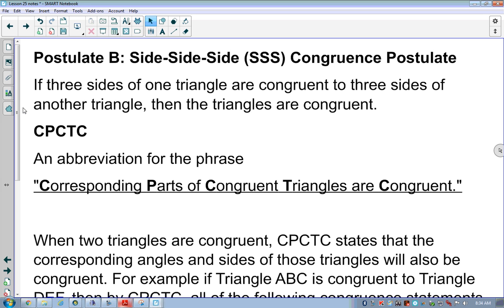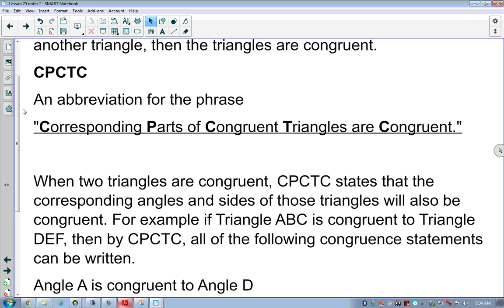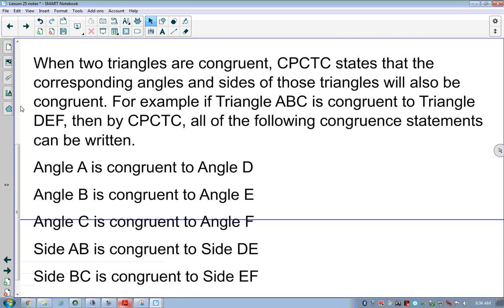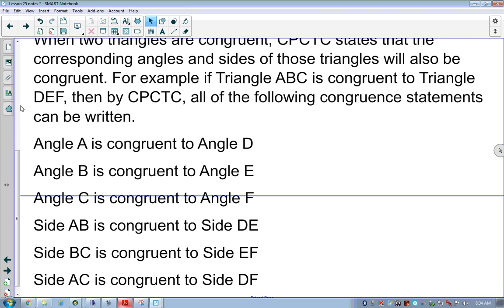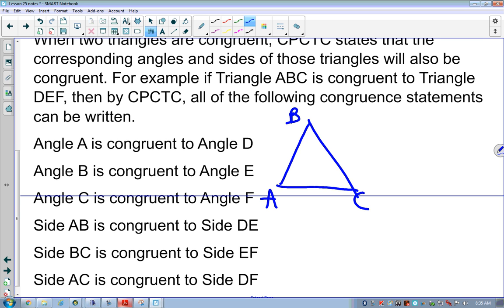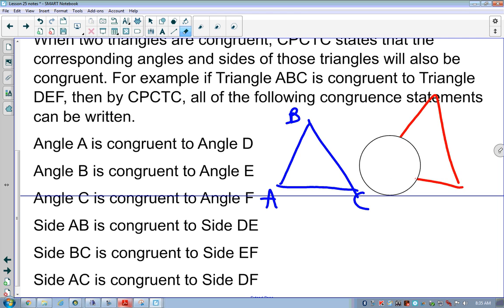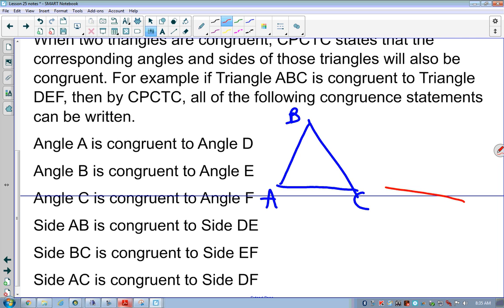So when two triangles are congruent, CPCTC states that all the corresponding angles and sides of those triangles will also be congruent. For example, if we have triangle ABC congruent to triangle DEF, let's draw A, B, C, and DEF, granted, I know that they don't look congruent, but we're just using this for a visual.